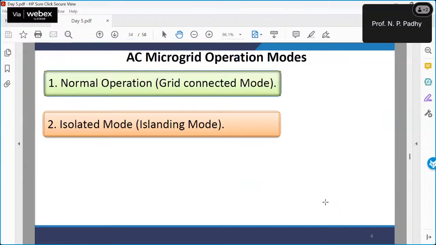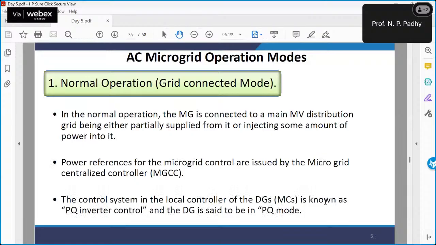So now moving back to the regular understanding of microgrid, the AC microgrid. Today we are talking about AC microgrid operation modes. One is grid connected mode, and the second one is islanding mode. Grid connected mode is a normal operation, with the distribution grid either partially supplying the microgrid or receiving some power injected into it.